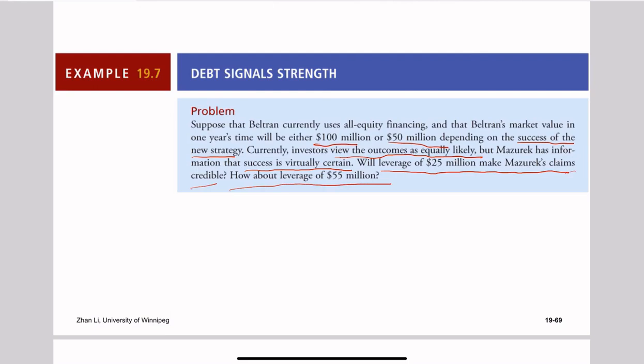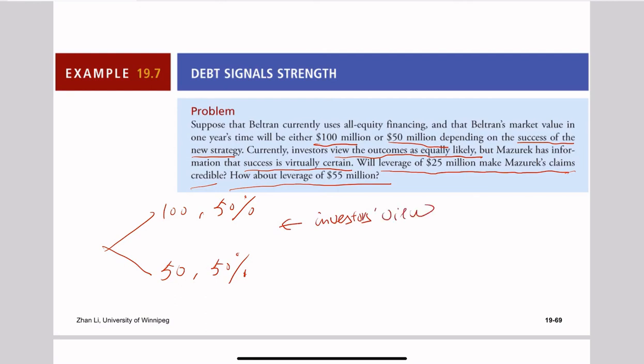Okay, now let's first write down these data. The project value would be either $100 million or $50 million with a probability of 50% and 50%. This is the investor's view.